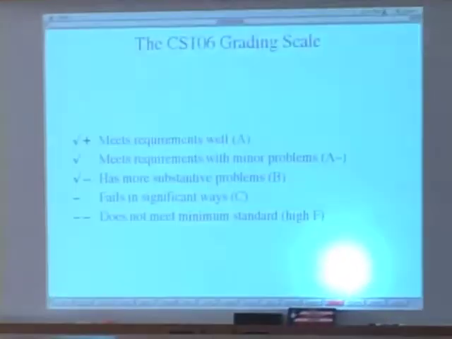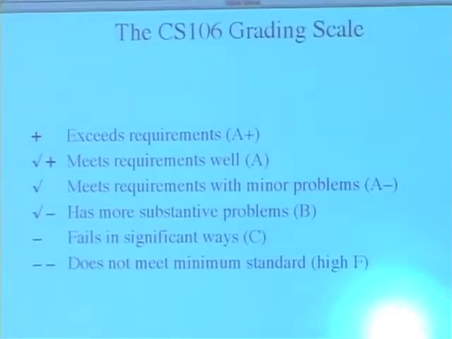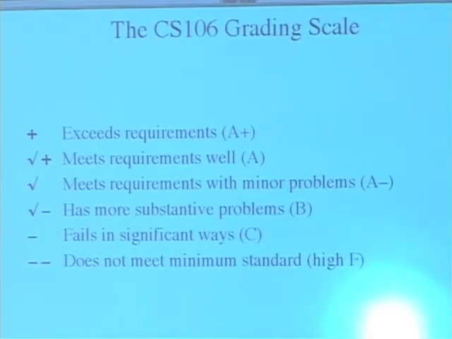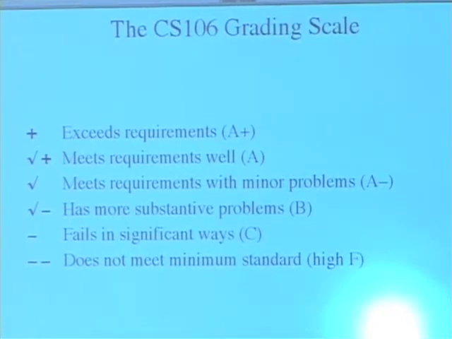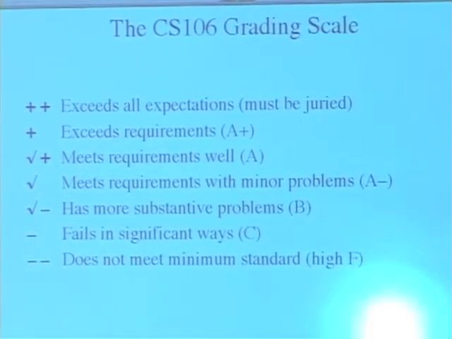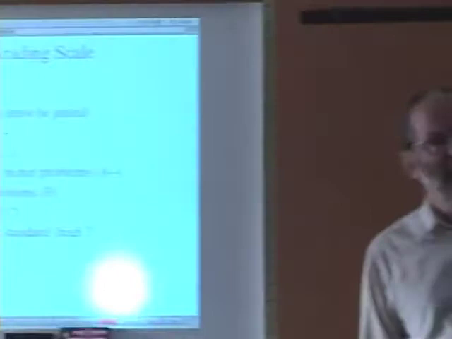But the scale is symmetrical. There's also a plus. It's got to exceed the requirements in some ways, which means you had to take my list of possible additions and add something. And there's a plus plus. This was described by my colleague Nick Parlante at one conference probably a decade ago as the assignment that makes you weep. And people remembered that at the Symposium on Computer Science Education for years afterwards.